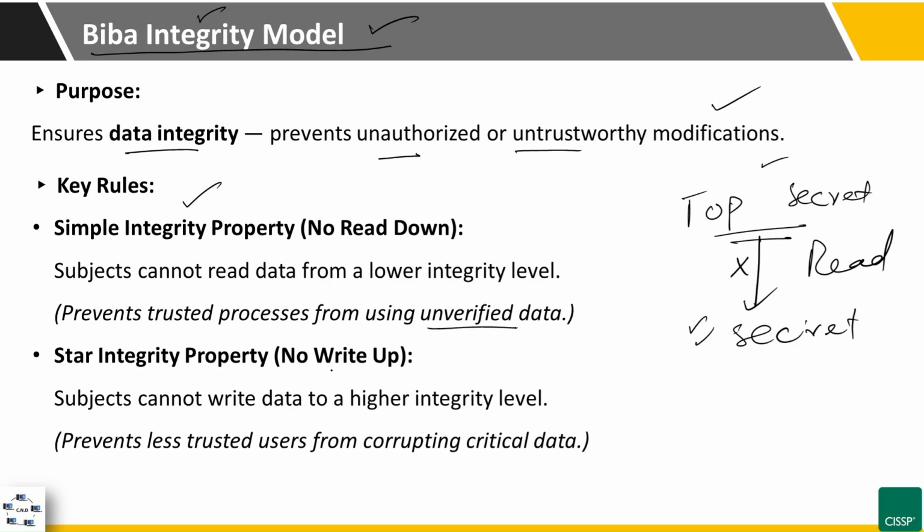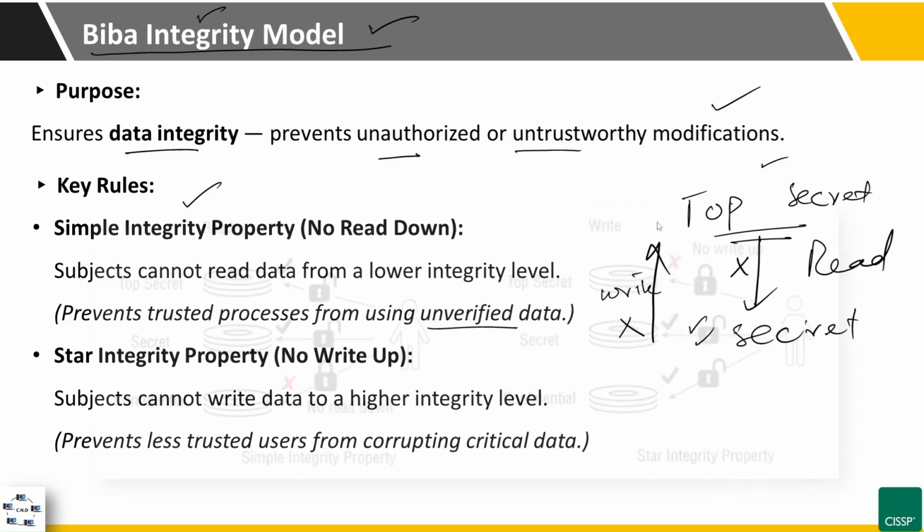The star integrity property is no write up, so subjects cannot write data to a higher integrity level. It prevents less trusted users from corrupting critical data. Similarly, a secret user cannot write up, meaning they cannot write data to the top secret files.